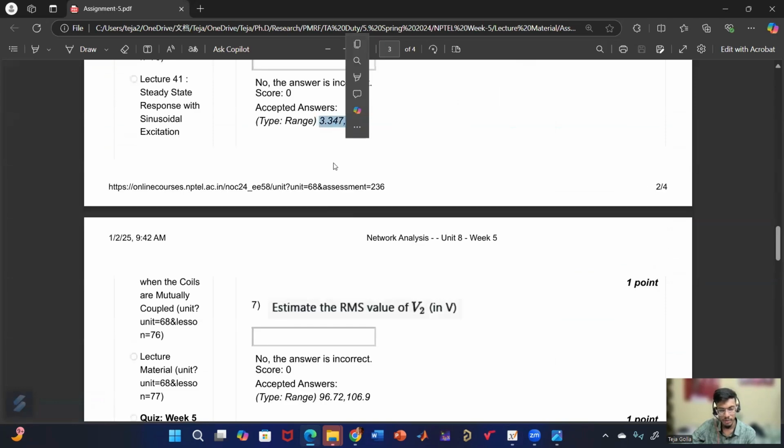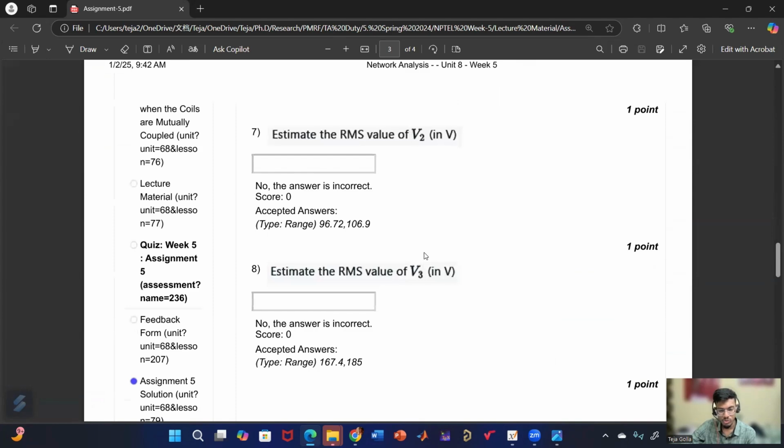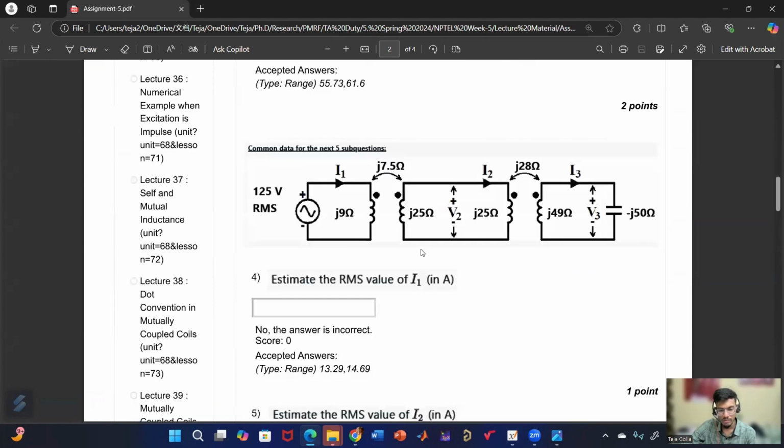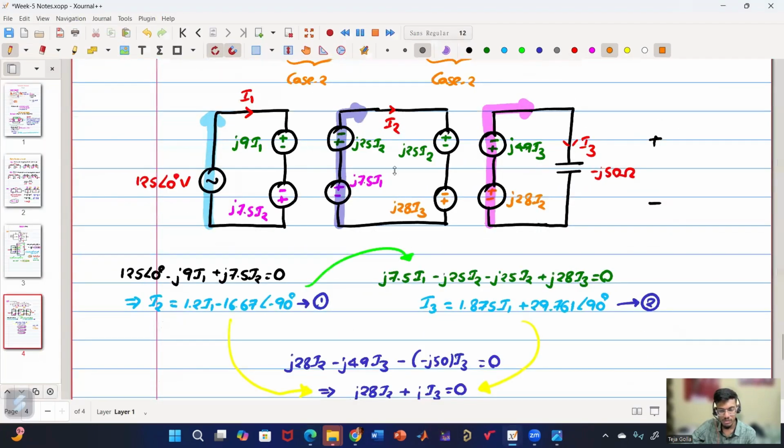So simple. Now they're asking what is the value of V2, what is the value of V3. So V2 is nothing but what? This voltage, right? This is plus minus V2 and this is plus minus V3. So V2 is nothing but minus J28I3 plus J25I2, right?